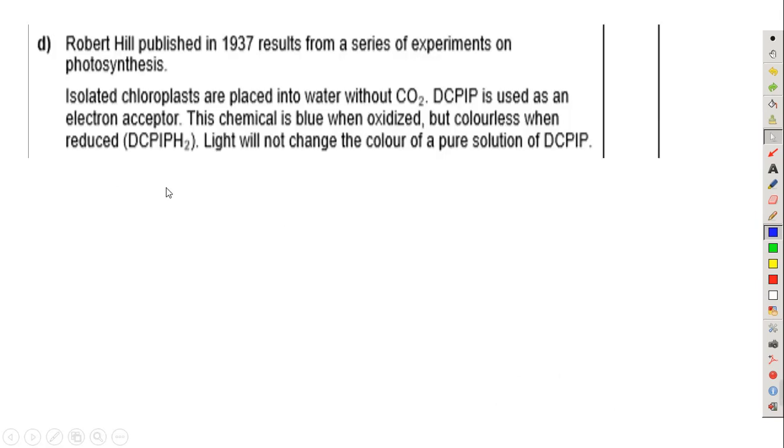So here we go. Robert Hill published in 1937 results from a series of experiments on photosynthesis. Isolated chloroplasts are placed into water without CO2. So that's our two first elements: isolated chloroplasts in water without CO2.